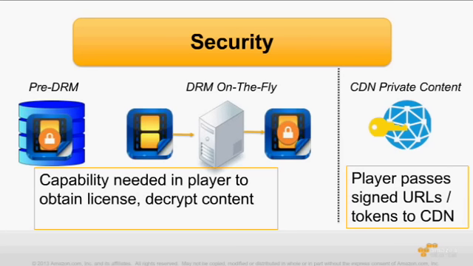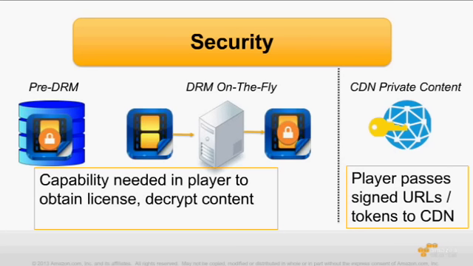A second option, or really a third option that customers often use, is also securing the content using the private content features that might be available with your content delivery network. So there are these CDN-specific private content features. For instance, Amazon CloudFront, AWS's CDN service, does have a private content feature where you can sign URLs and only allow the viewers who have a valid signed URL to have access to your content.